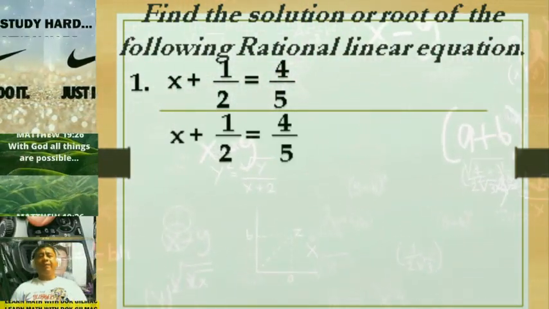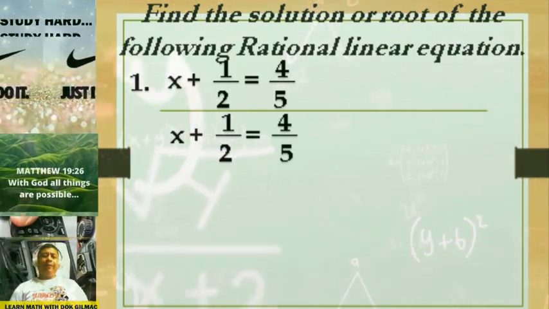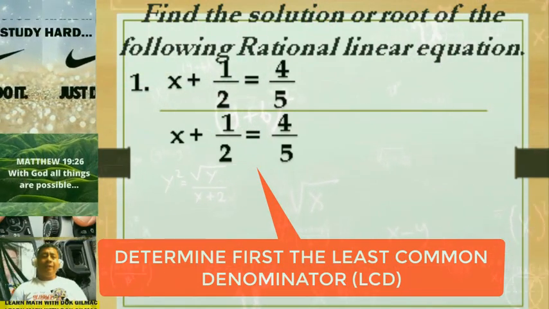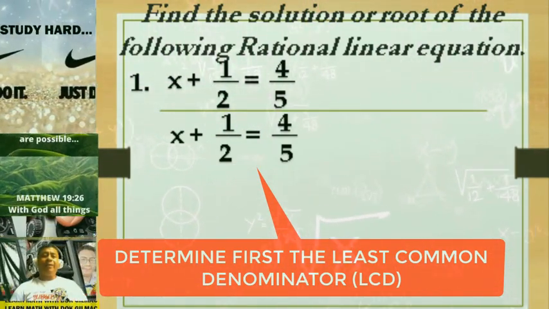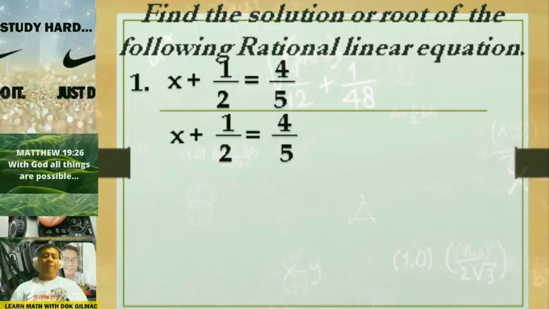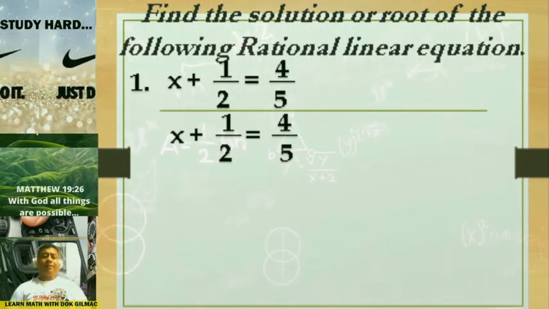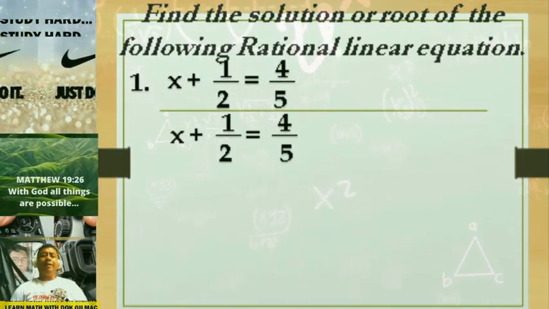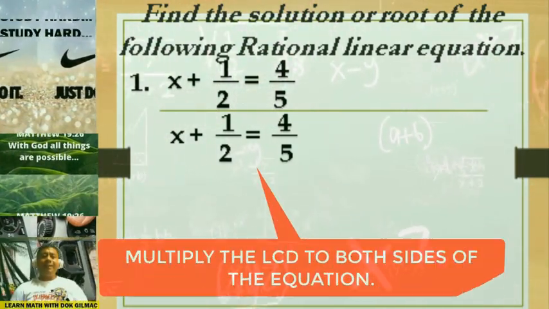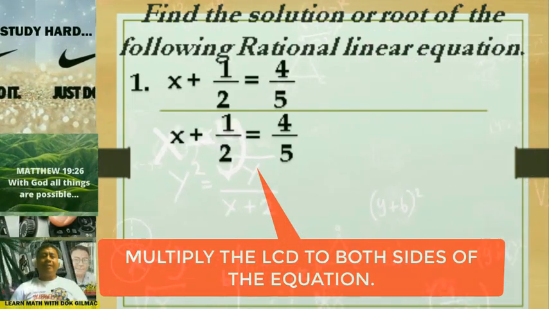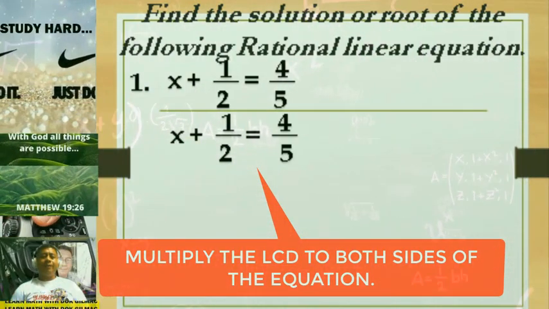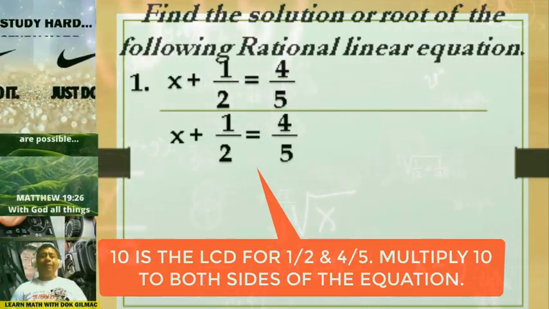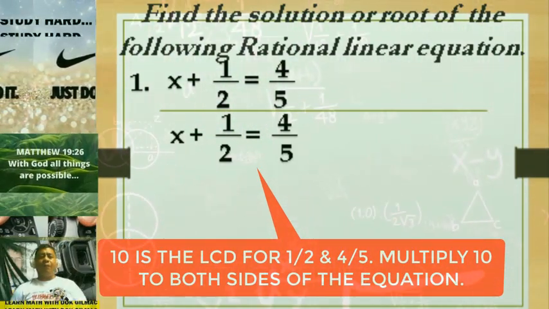Let's consider the given. The first thing we have to do here, class, is to determine the least common denominator of the given fractions. After determining the LCD, we multiply the LCD to both sides of the equation. As you can see, class, 10 is the LCD for 1/2 and 4/5.